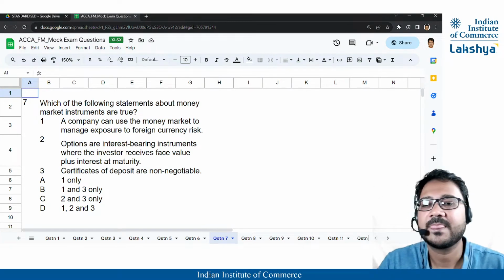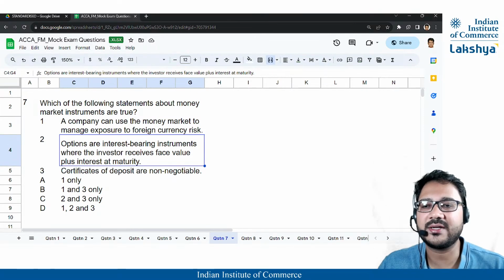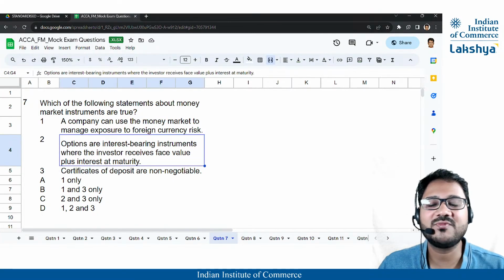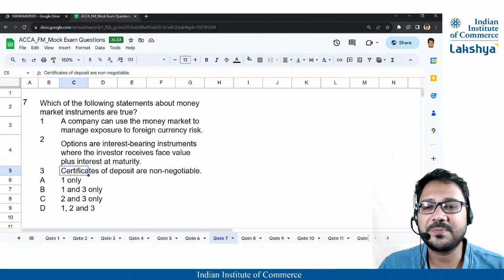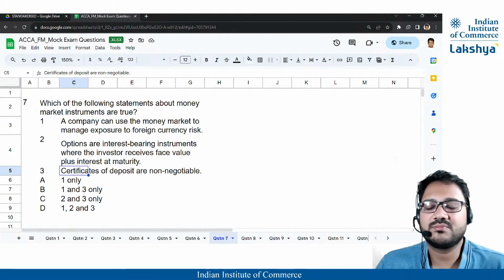One of the ways. Options are interest bearing instruments where the investor receives face value plus interest at maturity. Not sure what they are talking about. And also, an option is not an obligation, we always have a right and an option. Certificates of deposits are non negotiable. Well, they are negotiable because they are traded.